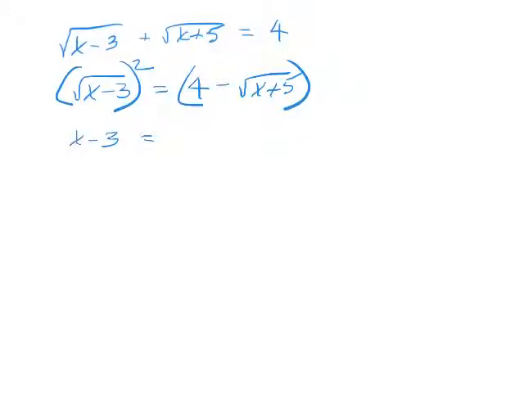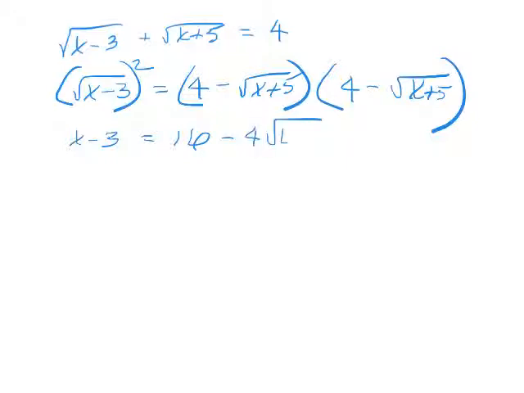Let's take that and multiply it by 4 minus the square root of x plus 5. It's not as scary as what it looks. First, 4 times 4 is 16. Outside, 4 times the square root of x plus 5, and we get a negative 4 square root of x plus 5.